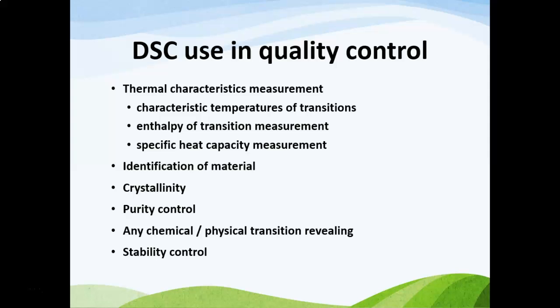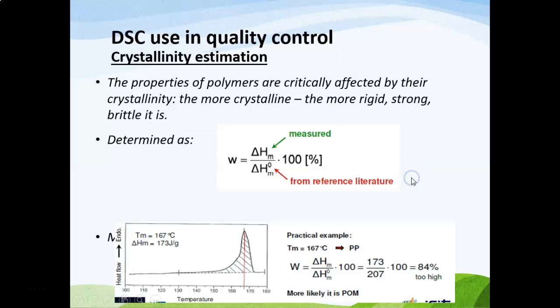You need to know the temperature of transition, the enthalpy of transition, specific heat capacity measurement, delta H, and you can identify the material, the percentage of crystallinity, how pure the material is, and any chemical or physical transition revealed, and also know how stable the material is by observing temperatures such as Tm, Tg, and also Tc, and also the degradation temperature and cross-linking.